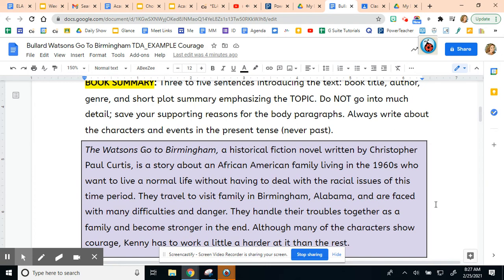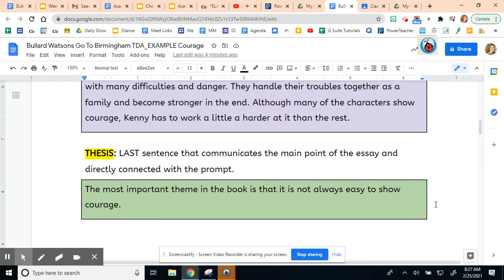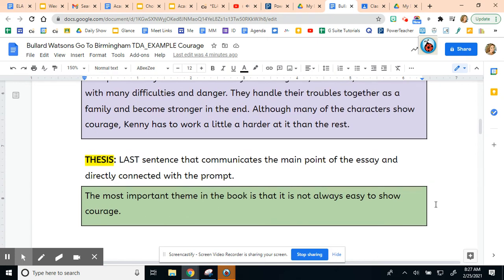So we are going down to the last part of your introduction. We call this the thesis. This is a super important sentence. This is the heart of your essay. This is your opinion that you are going to prove to be true in the body of your essay. And it's super easy to put together. So you've already decided what the theme is that you want to write about. You did that when we met.